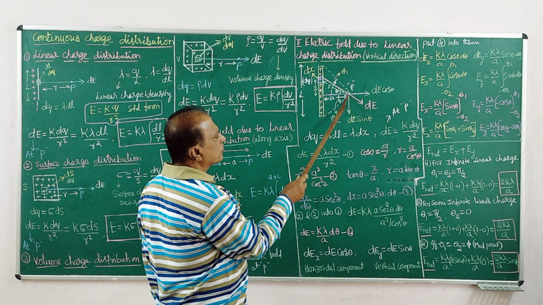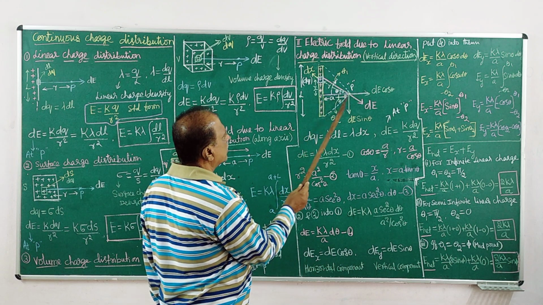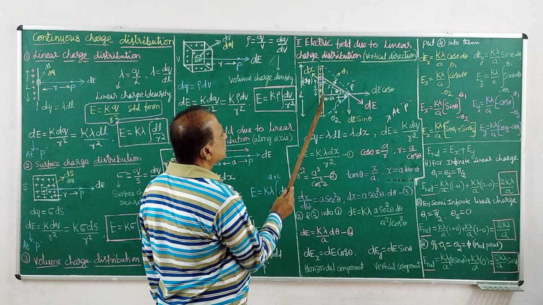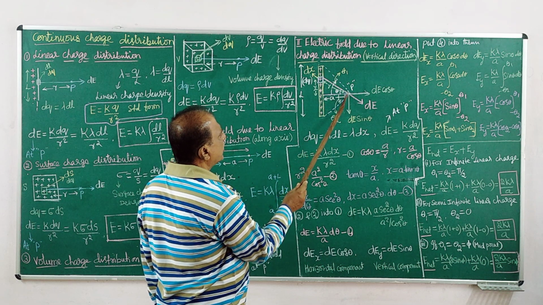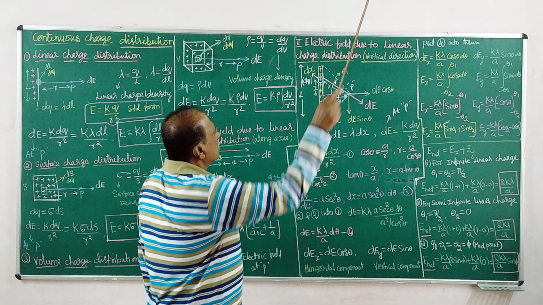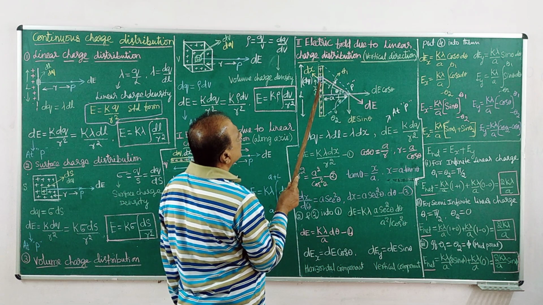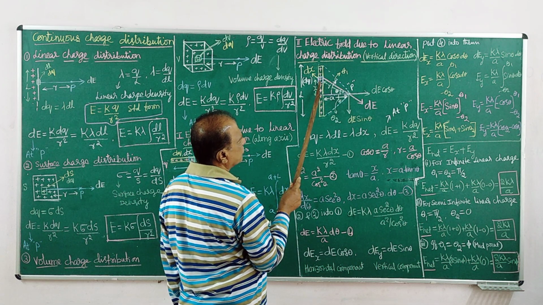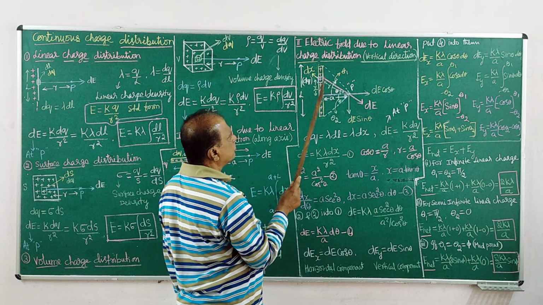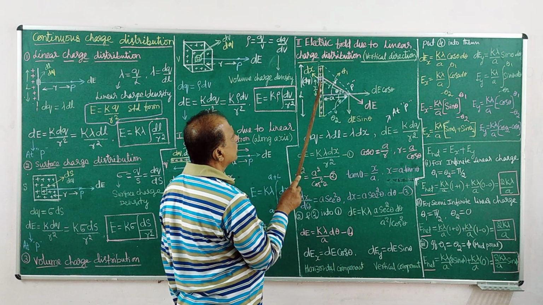Draw a straight line perpendicular to this, passing through this point, a straight line like this. The distance between this linear charge and the point, let us call this a. On this linear charge, I am taking an infinitesimal element of length dx. It contains an infinitesimal amount of charge dq.